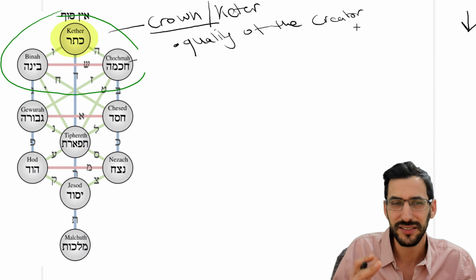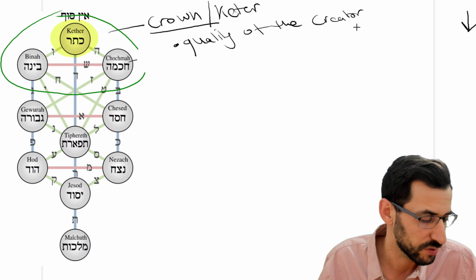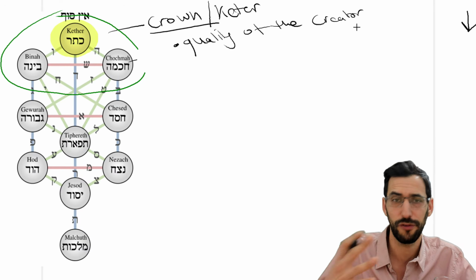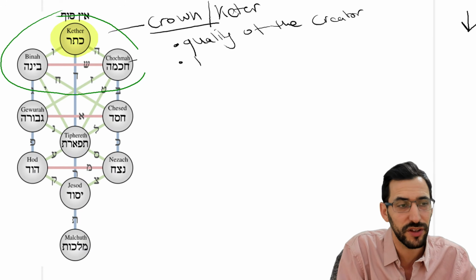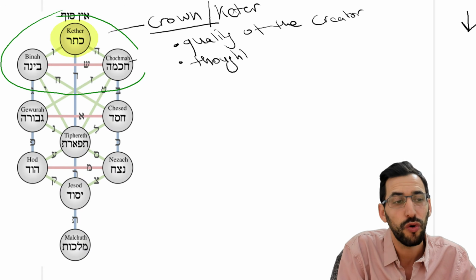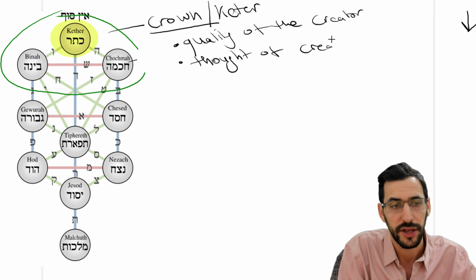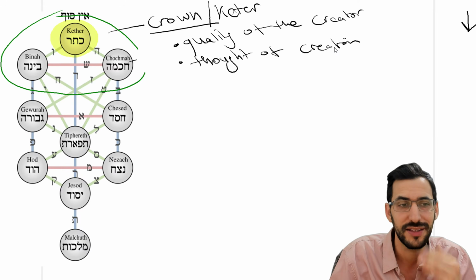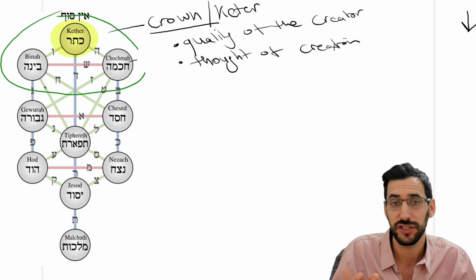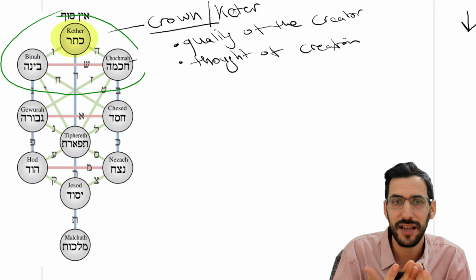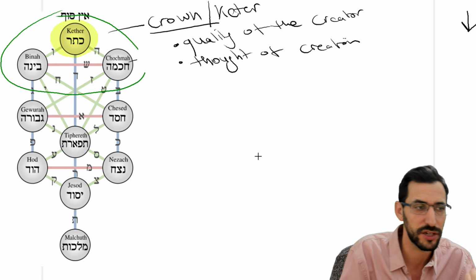The Creator, by the way, isn't some God we learn about in religion. It's simply the general force of nature, right? So it's the quality of the Creator. It's the thought of creation. It's everything, it's everywhere, and it aims to raise everything to it, to reach its complete state of connection with a created being, with a correction.